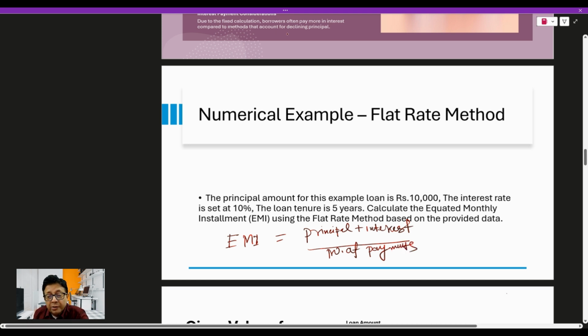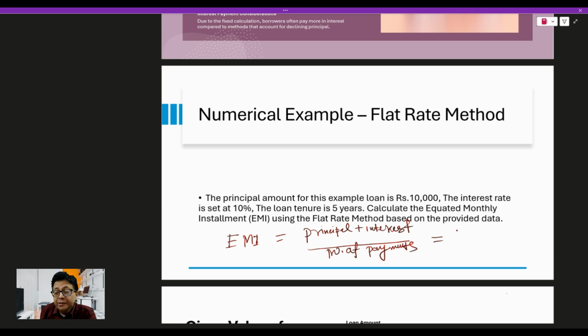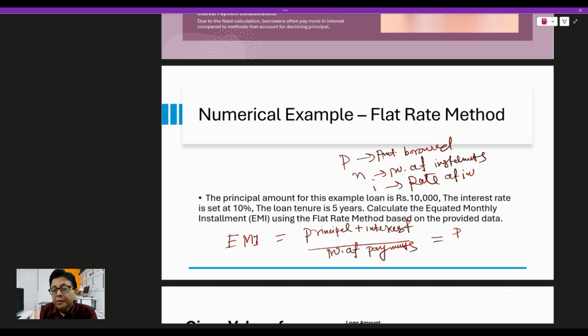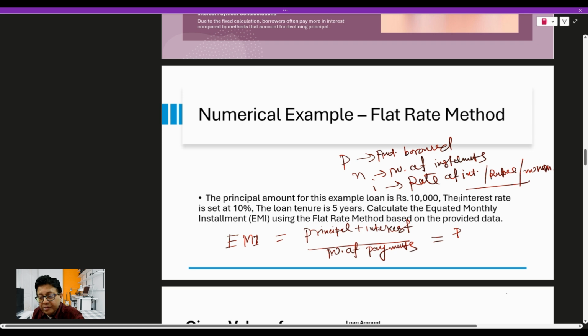Okay? So if you have taken the amount, P is the amount borrowed, N is the number of installments, I is the rate of interest per rupee, per month. Okay, this is rate of interest.